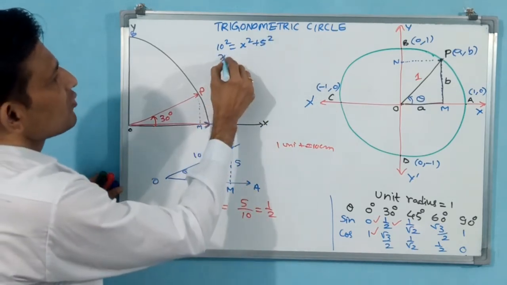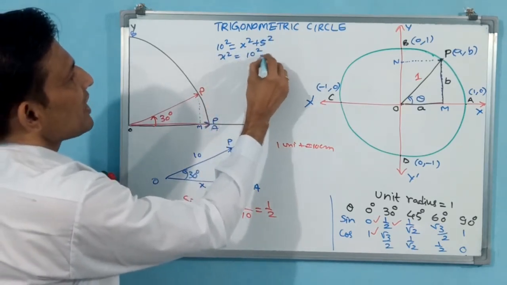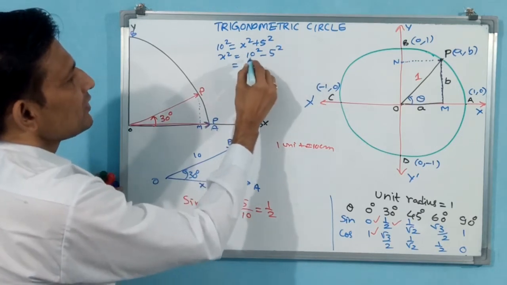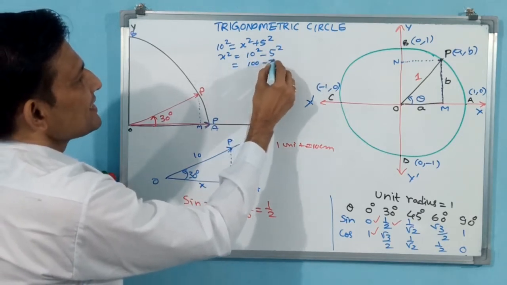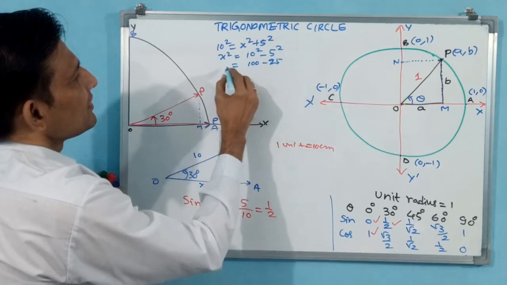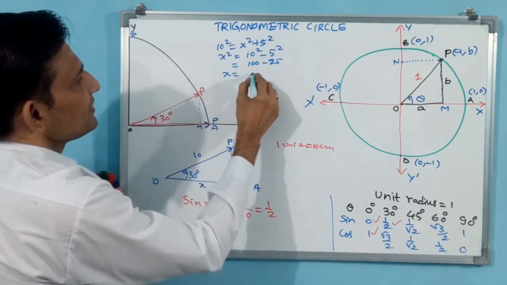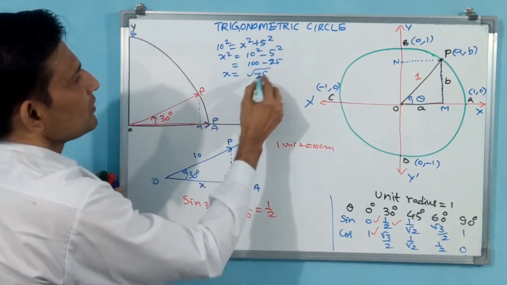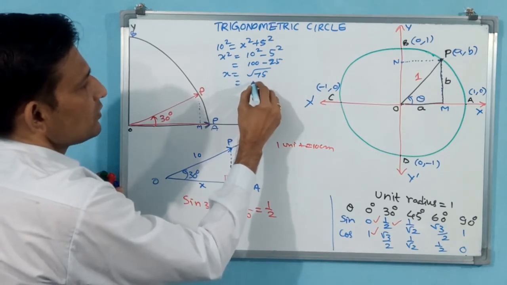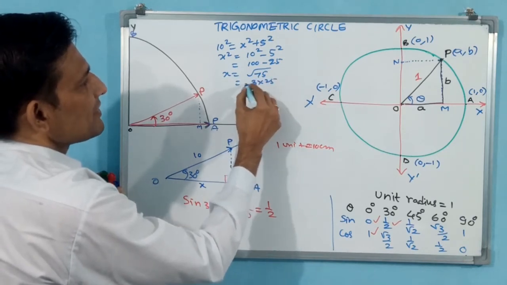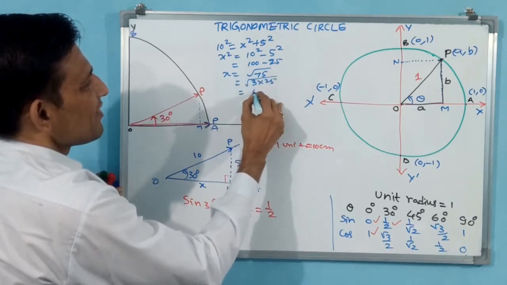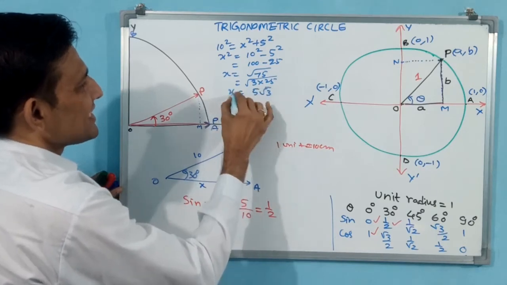Now x square is equal to 10 square minus 5 square, that is 100 minus 25, so x square is 75, and x is root 75, that is root of 3 into 25, which is 5 root 3.